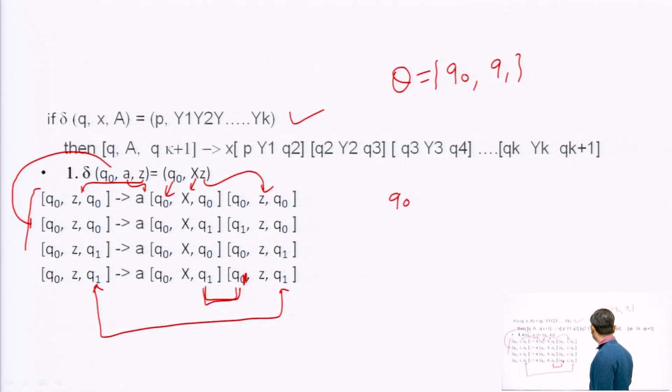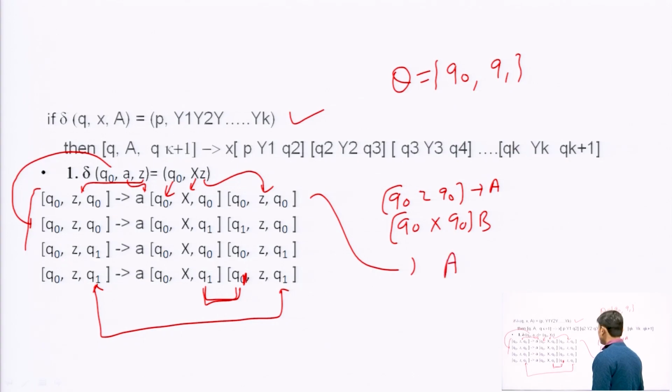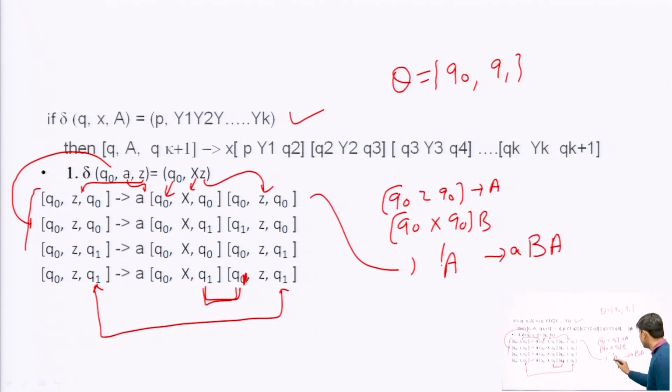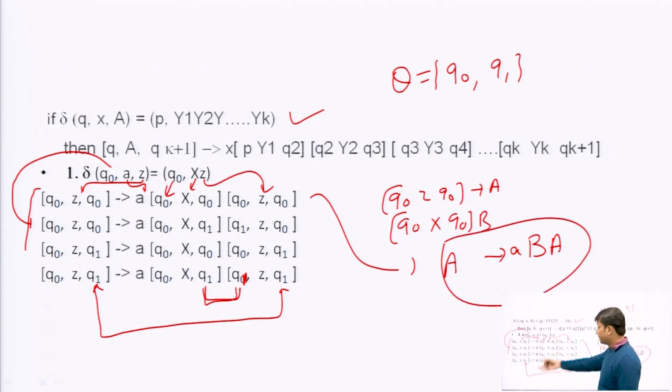If you take q0 z q0 as a b, so you can write this one as a2, a, and this is b, and this is a. So we will get the production like this, all the productions we will have to write like this. So this is for production 1.